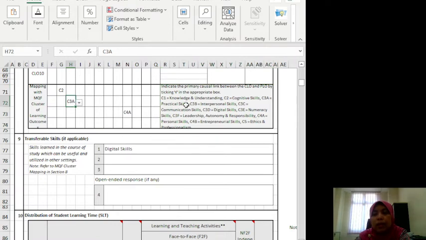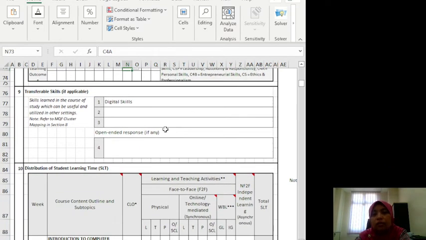C3A, practical skill. Okay, berdasarkan practical, macam mana you buat programming. And C4A, personal skill during the presentation. So of course when we work on the programming and also algorithm and so on, okay, transferable skill is digital skill lah. Okay, maksudnya apa yang kita ajar adalah macam mana nak menggunakan teknologi tersebut.